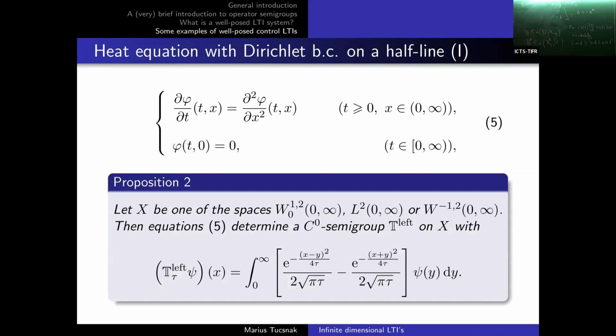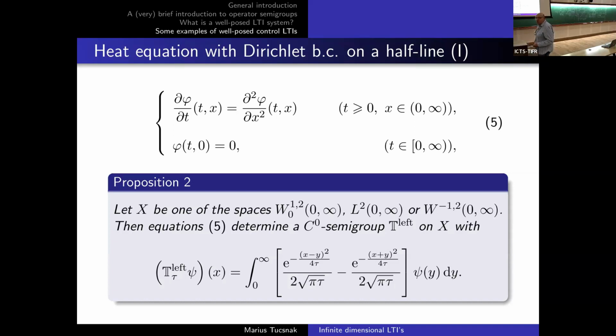So let me take first two situations. The heat equation on the half line, 1D. And I put a Dirichlet boundary condition at the left end. So can I associate a semigroup to this? The answer is yes. This semigroup, I call it T tau left, because the boundary condition is at the left, and it's given by this formula.